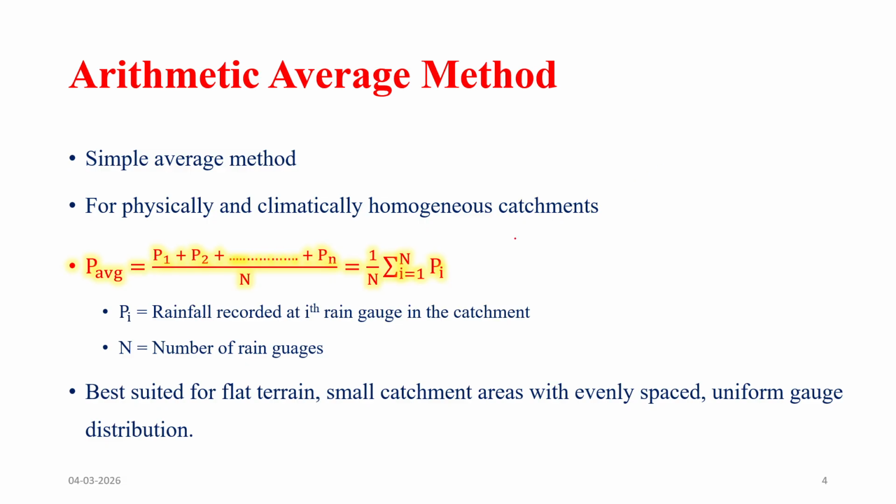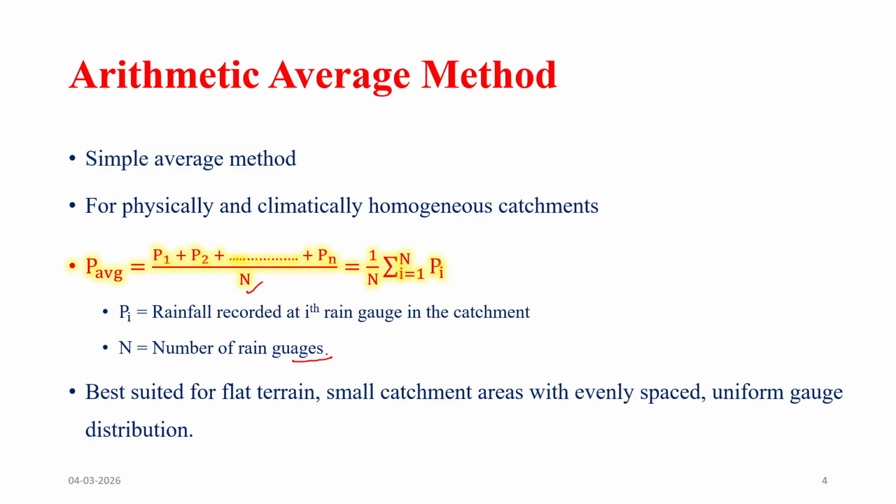Suppose there are n rain gauges in a catchment, then we may find the average areal precipitation P average as P1 plus P2 plus up to Pn divided by the number of rain gauge stations N. It can also be expressed as 1 by N summation Pi, where i is 1 to N. Now Pi is the rainfall recorded at the ith rain gauge in the catchment and N is the number of rain gauges.